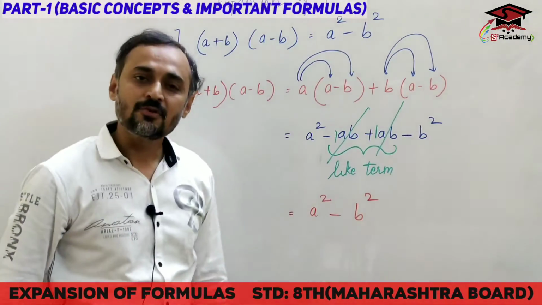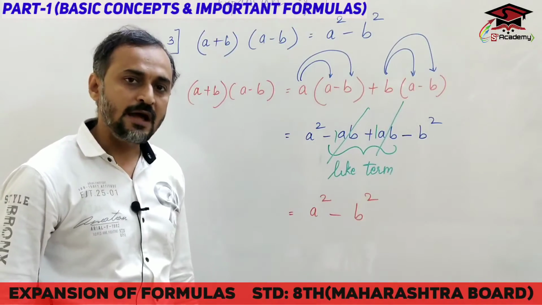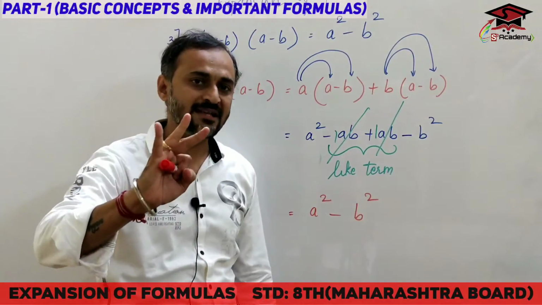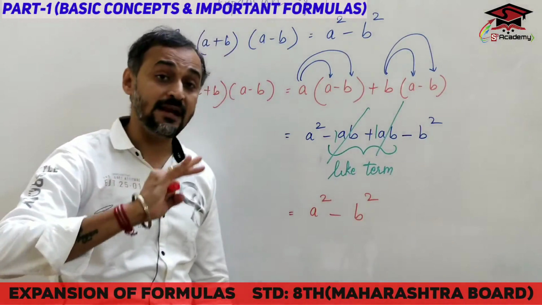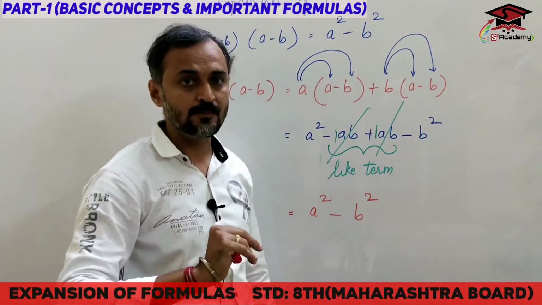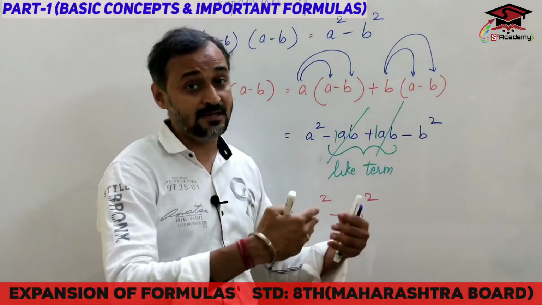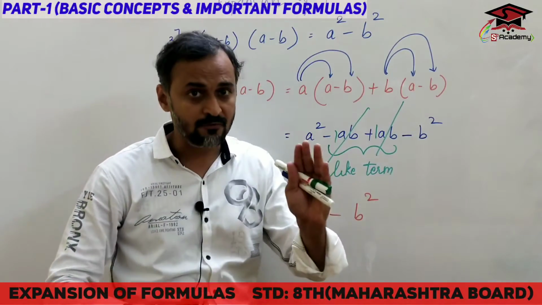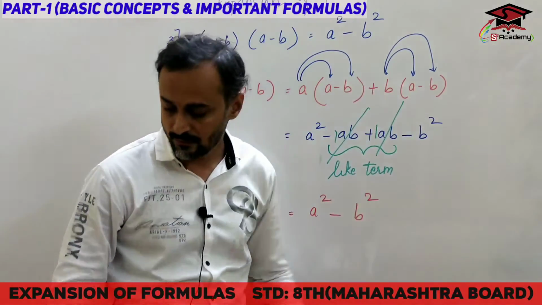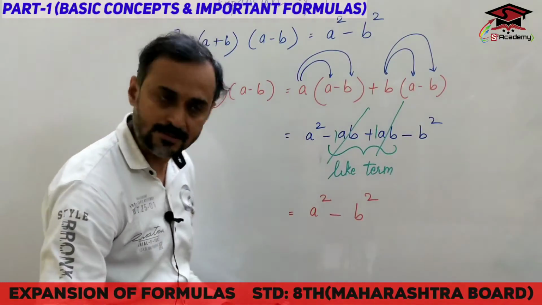So this was the third formula. I hope all my three expansions, how we have derived the formula, you have understood. We'll move ahead with the same thing, a new, interesting pattern to learn about the formula itself. Then we will move further with the part of the sums.